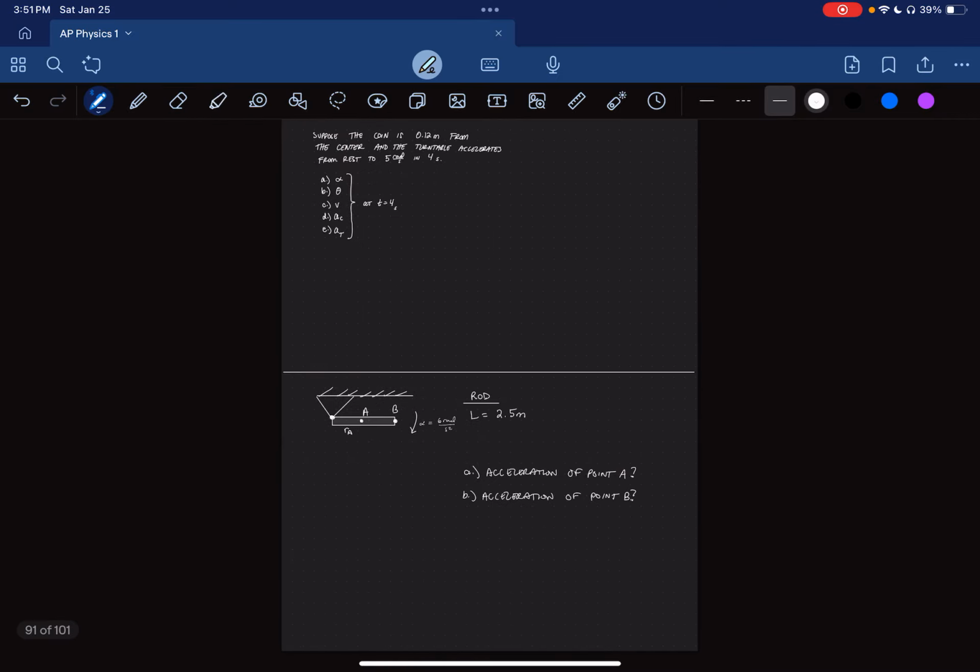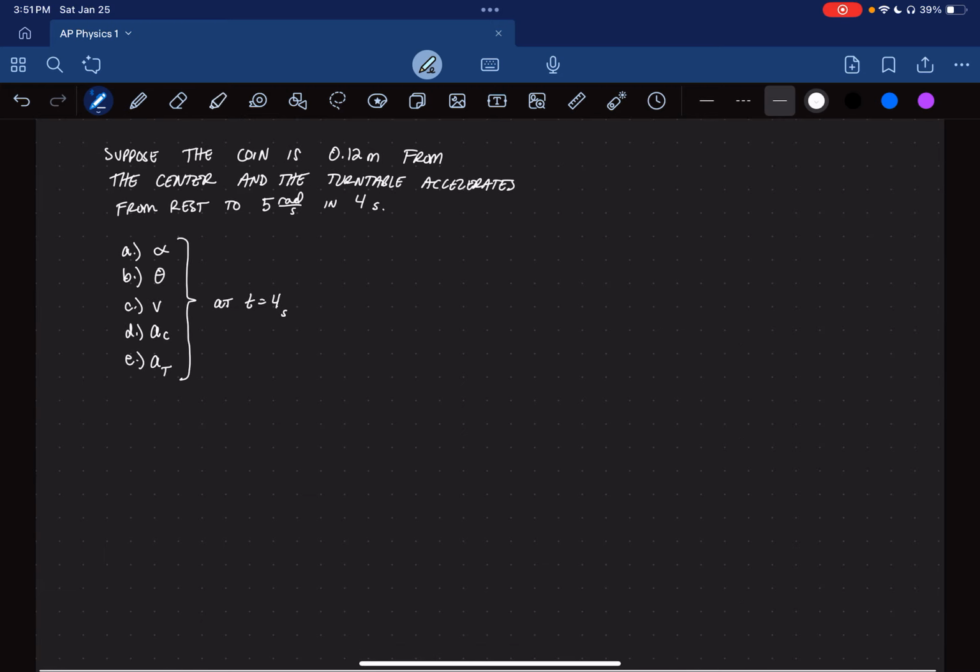Let's do two real quick examples here. Suppose the coin is 0.12 meters from the center, and the turntable accelerates from rest to 5 radians per second in 4 seconds. Let's determine all of these quantities. We'll start writing these down.